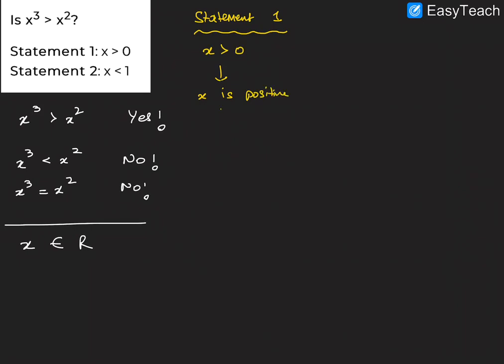Now, my objective is to plug in different values to prove insufficiency. Basically, we want to see different values of x and check whether there is uniformity or not. You need to have a uniform answer.